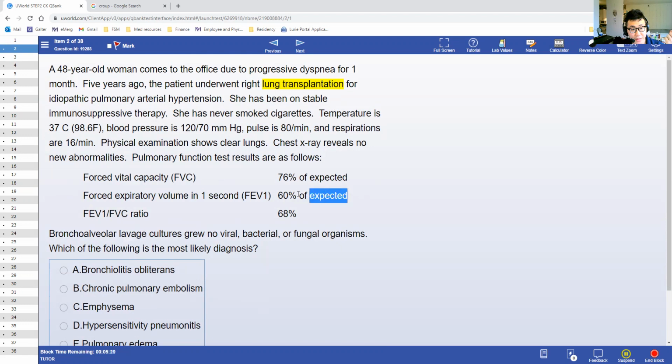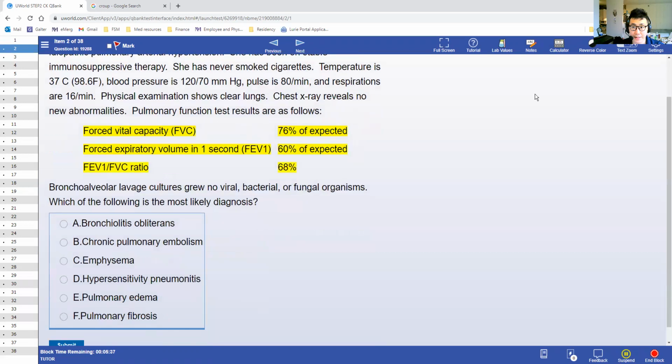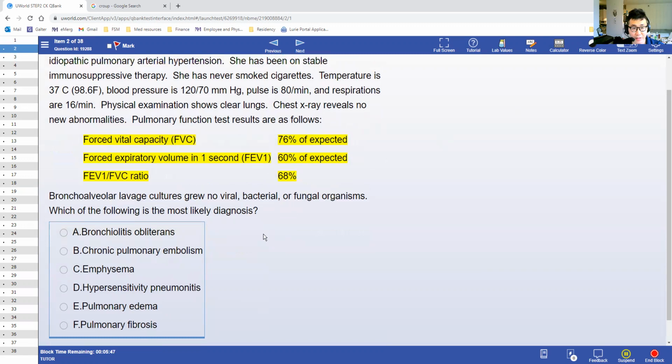FVC and FEV1 are both pretty low, and the FEV1 over FVC ratio is pretty high. Not drastically so. I think usually like 70 or 80% is typically the cutoff. But these are values that would be at least somewhat concerning. BAL shows no organisms. Which one of these is the most likely diagnosis?